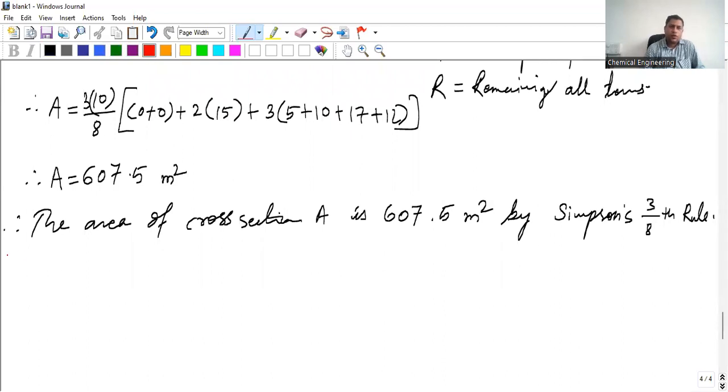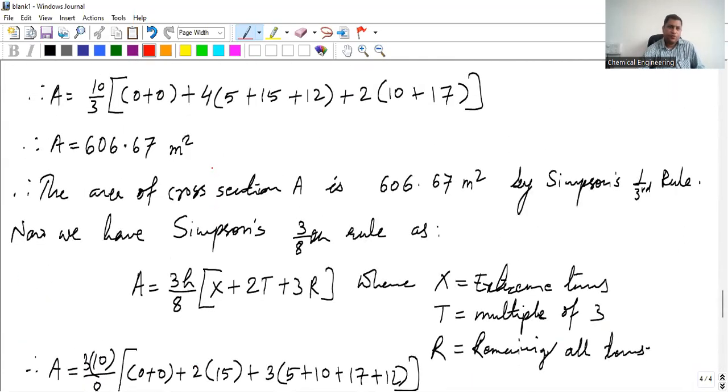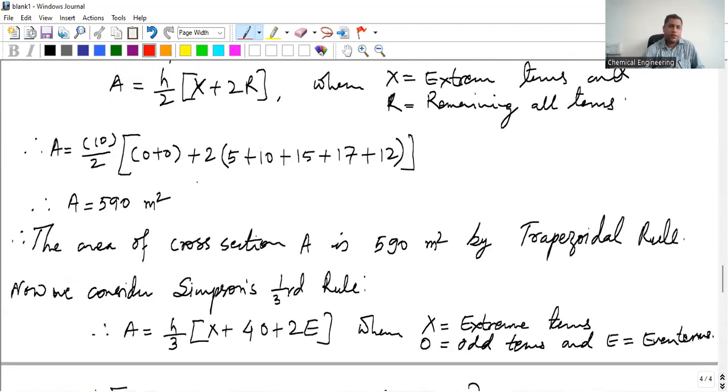So here we got the values. By Simpson's 3/8 rule, the value is 607.5. By Simpson's 1/3 rule it is 606.67, and by trapezoidal rule it is going to be 590 meters square.